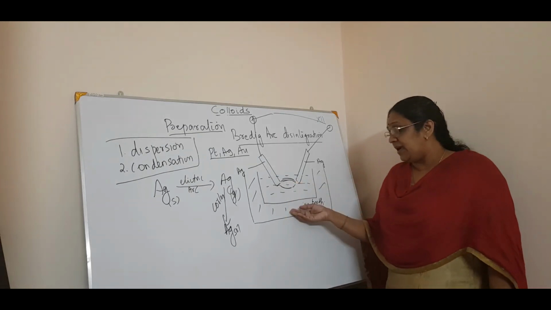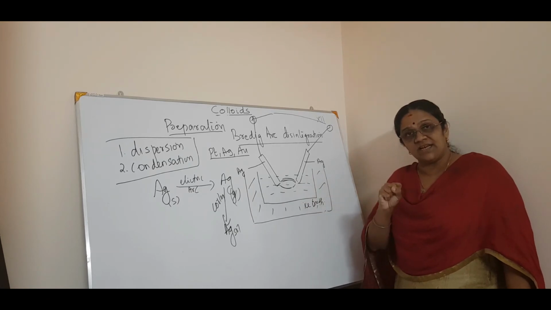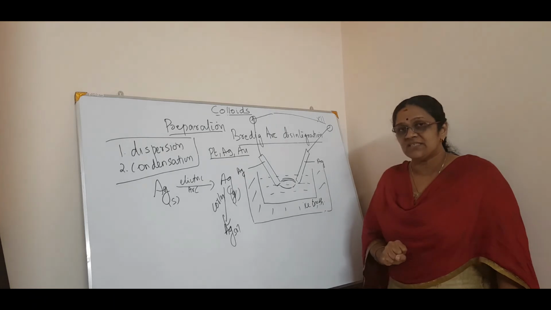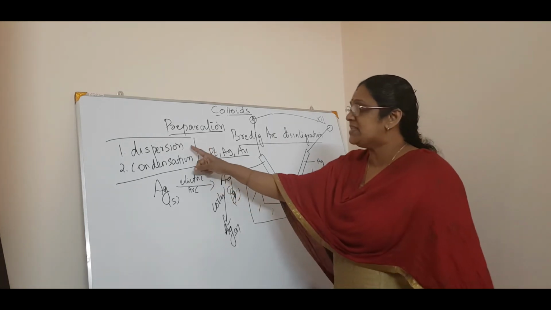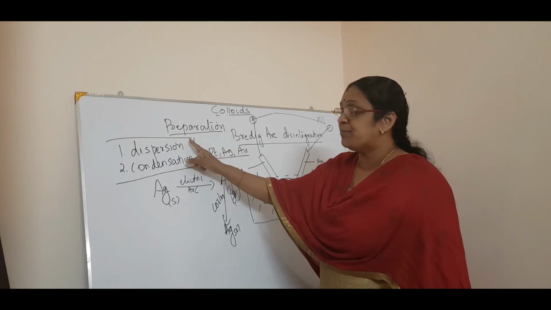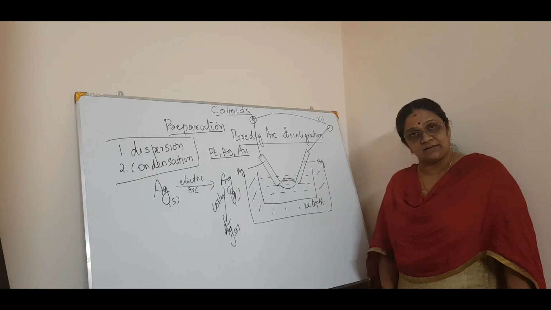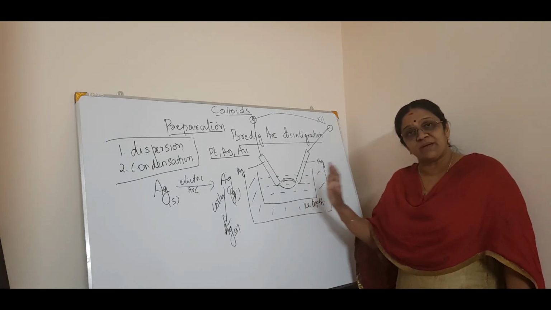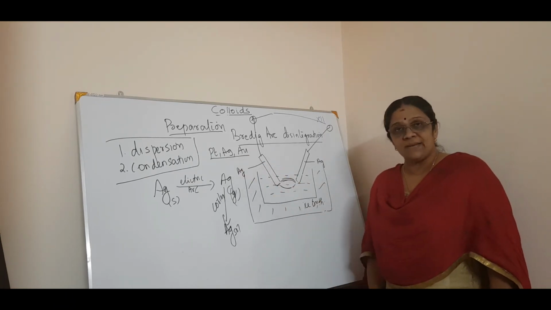Then it is suddenly immersed in the ice bath and it will condense. The small particles get condensed and the size will be in the colloidal range. That is condensation. That is why we say both dispersion as well as condensation take place in this method. So are you clear? The Bredig's arc disintegration method is very simple, mainly for the noble metals.